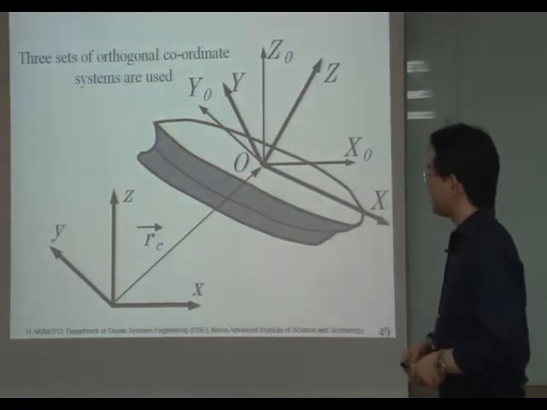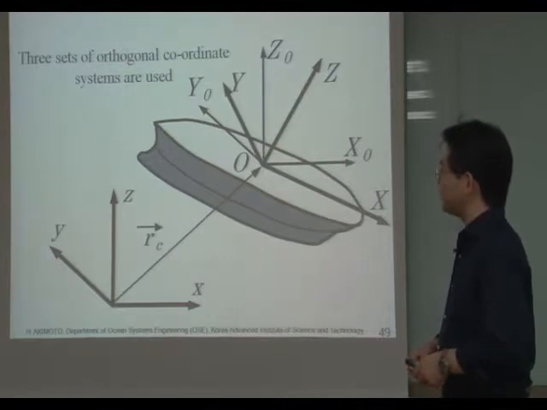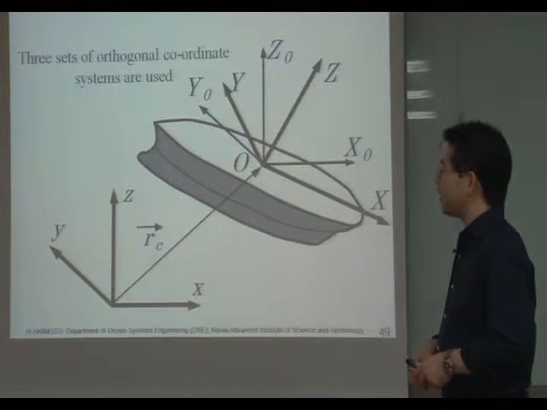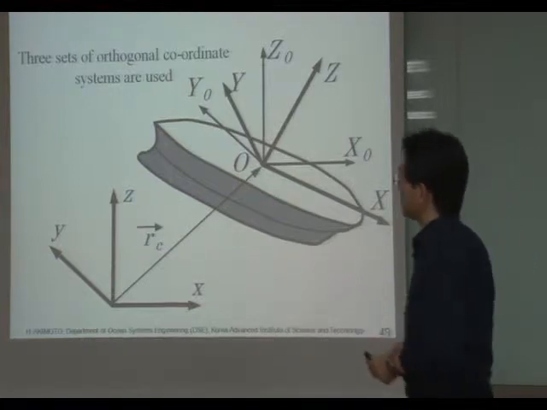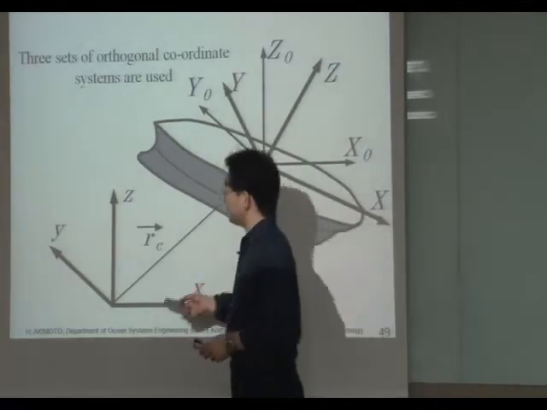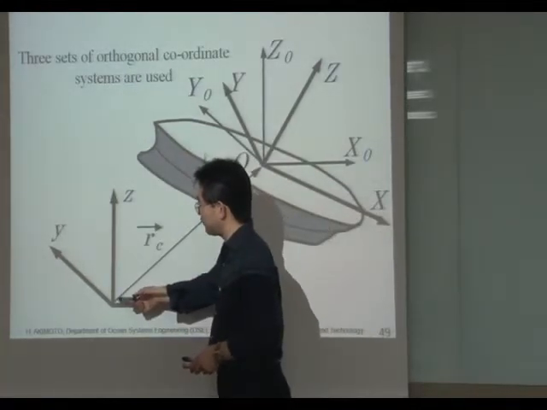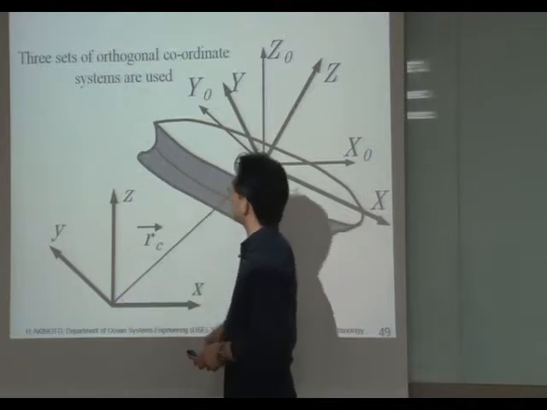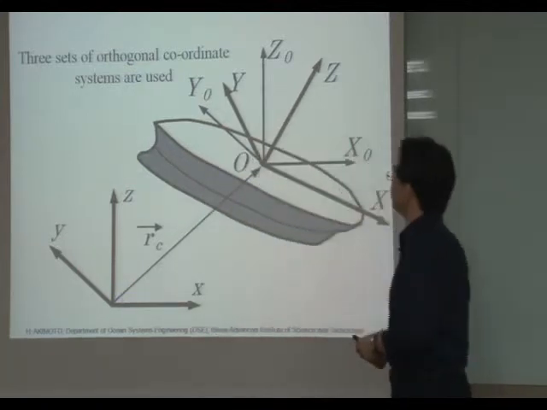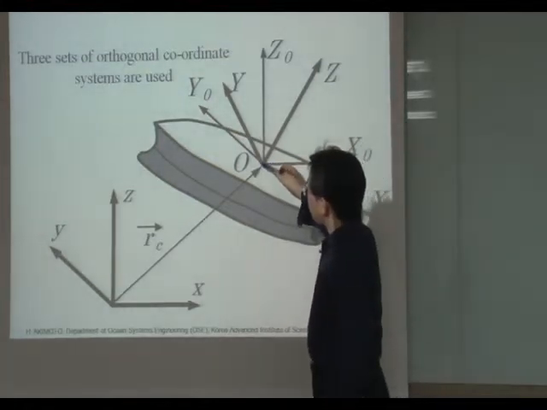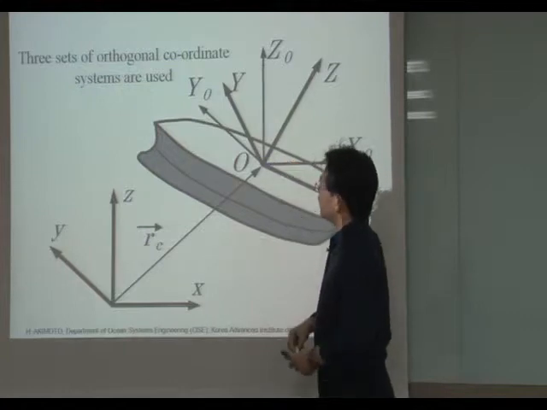But in ship hydrodynamics, they will not consider ground. So sometimes they will use earth fixed coordinates. So for the correct meaning, I have to say earth fixed coordinates. And we have to consider moving coordinates.